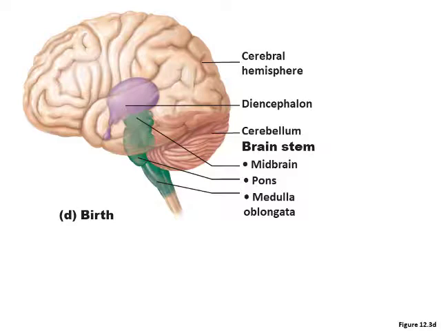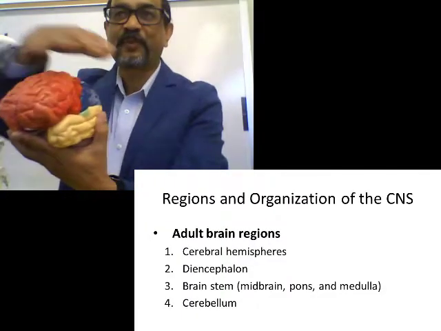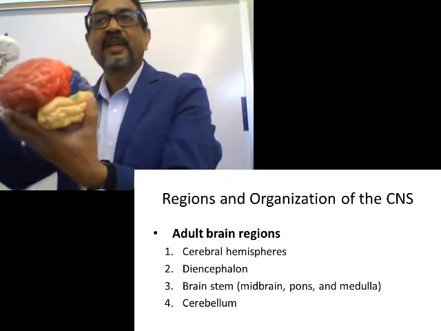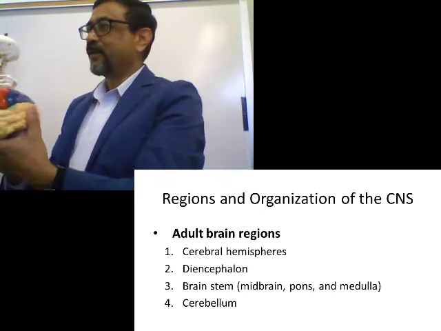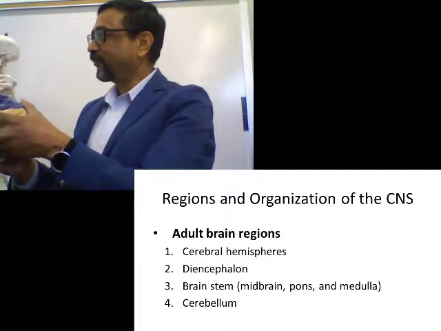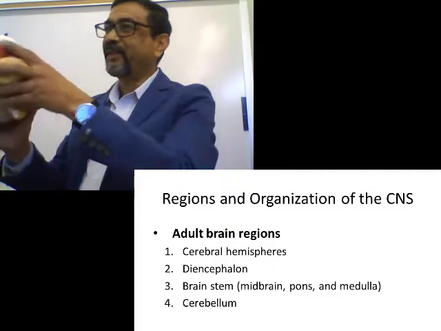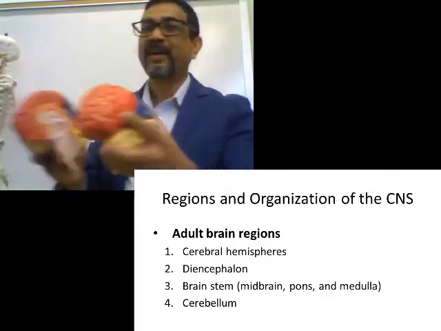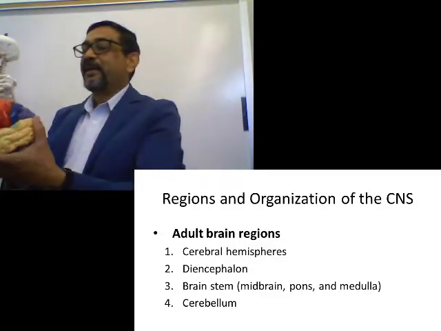So now you see the cerebrum is divided into 2 halves, right? Each half is called a hemisphere. Hemi means half, the whole thing is the sphere, right? And half is hemisphere. So how many hemispheres do you have in the cerebrum? 2, right and left. Hemi, half. 2 halves.